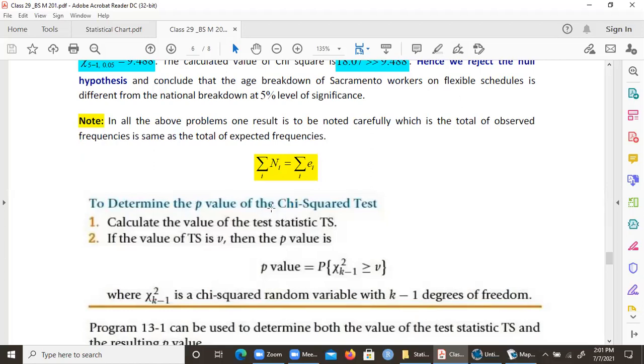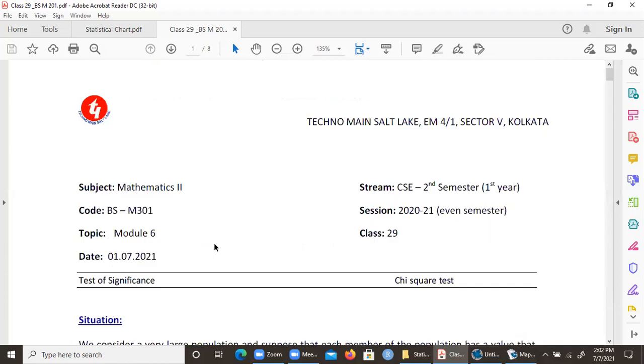Now to determine the p-value of the chi-square test, what we do is that we calculate the test statistic.